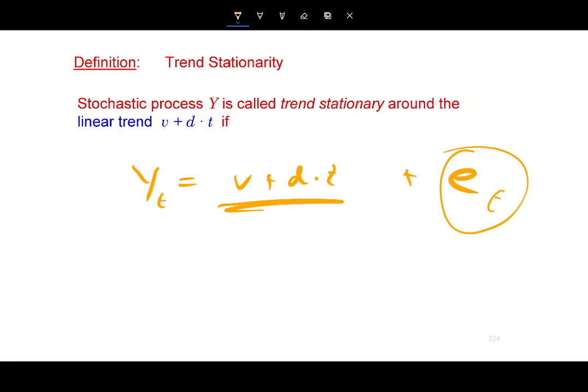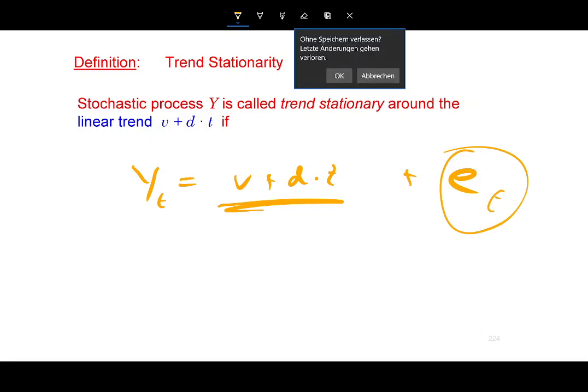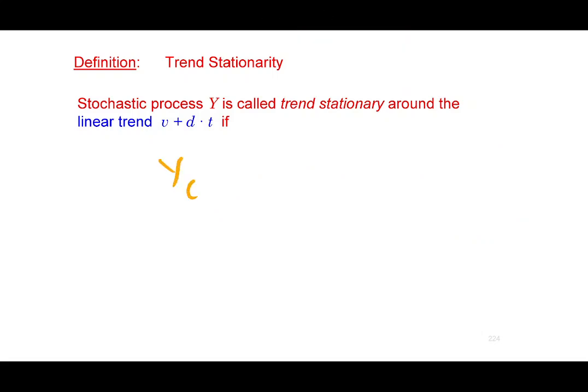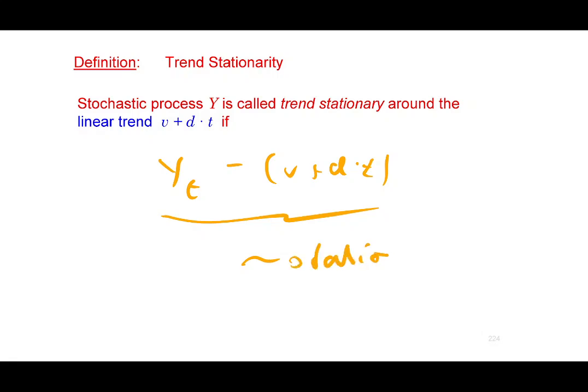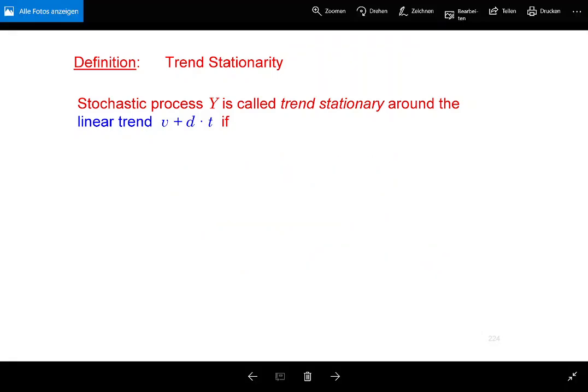Then you would not argue that the process is integrated, you would rather say that it's stationary around the trend, meaning that if you take the process and subtract the trend, so you take out the linear trend from the data, then you would get a stationary process. So then you would have a stationary process without the trend. You understand what I'm saying? That is what trend-stationarity is, which can be expressed by the following expression.